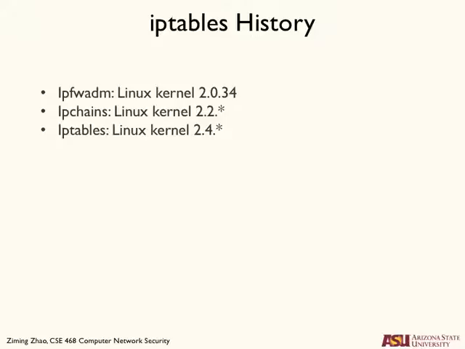So before the development of iptables, there were several other firewalls for Linux. The Linux kernel 2.0 came with a firewall called IP Firewall Administrator. Then later in 2.2, they have ipchains, and iptables was developed on top of ipchains.